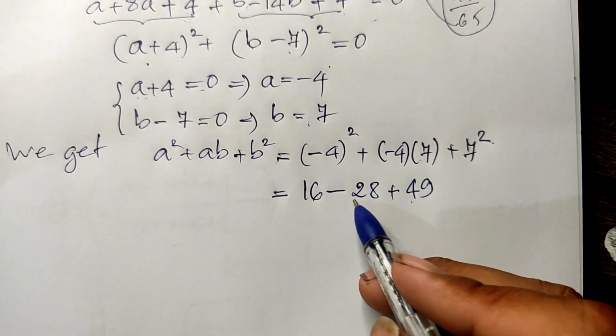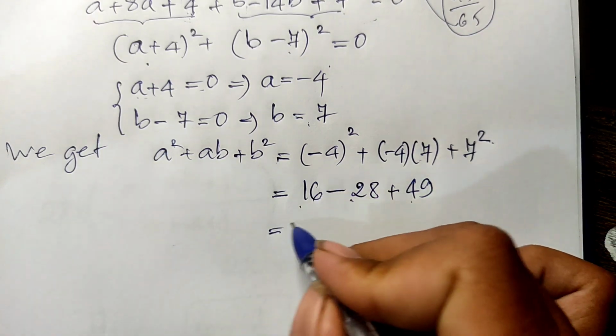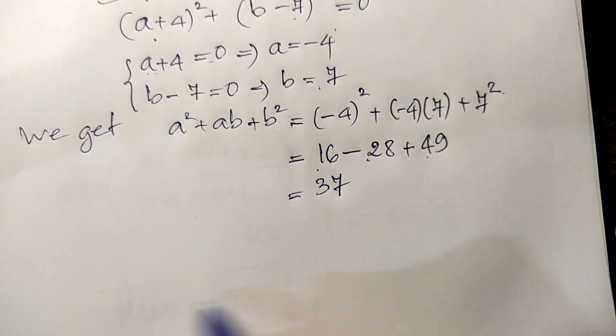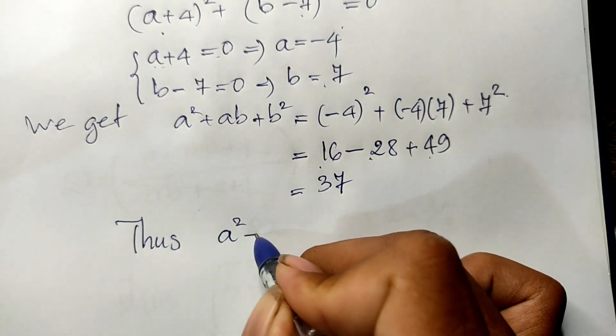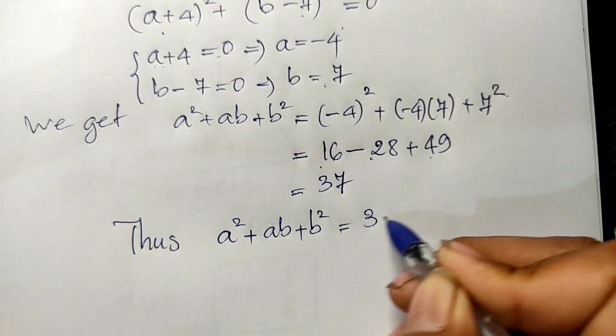And so this equals 21 plus 16, we get 37. So thus we have the value of this expression: a squared plus ab plus b squared equals 37.